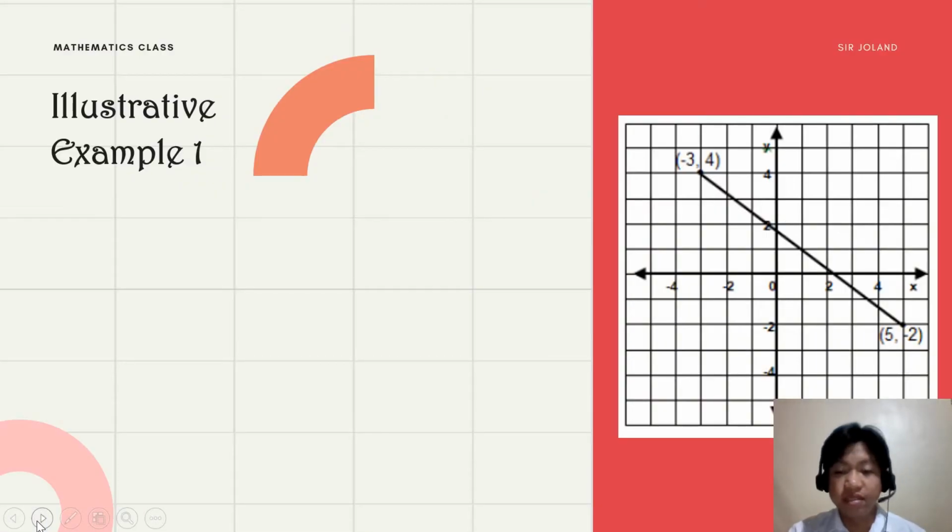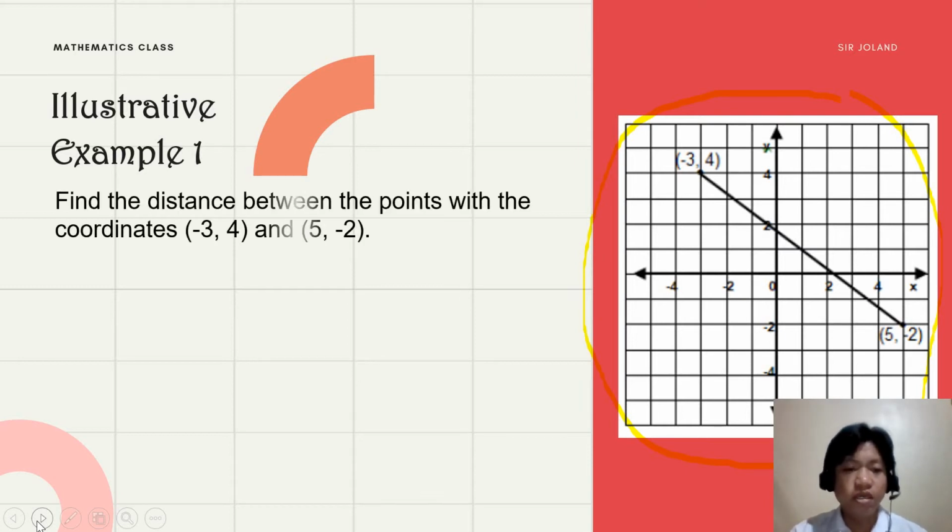Let's have an example. Okay, let's have illustrative example number 1. So as you can see, we have here a sample coordinate plane. Okay, given 2 points here, so we have 2 sets of coordinates. So here, we're asked to find the distance between points with the coordinates (-3, 4) and (5, -2).